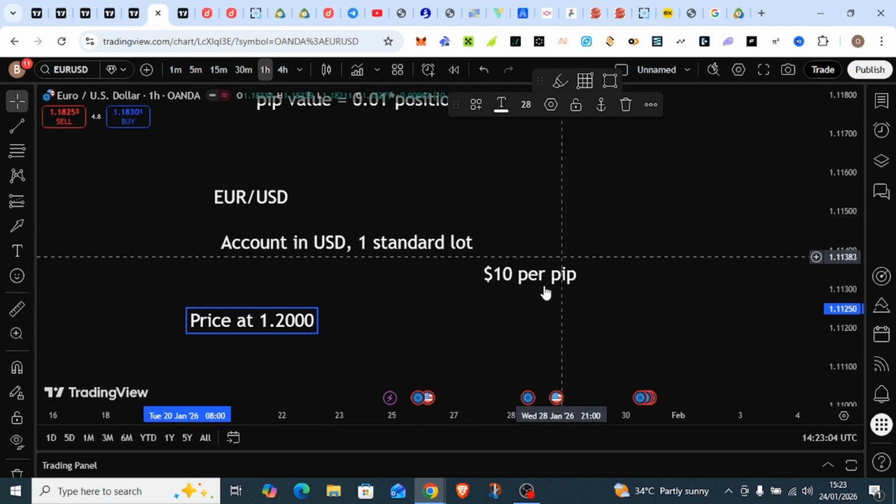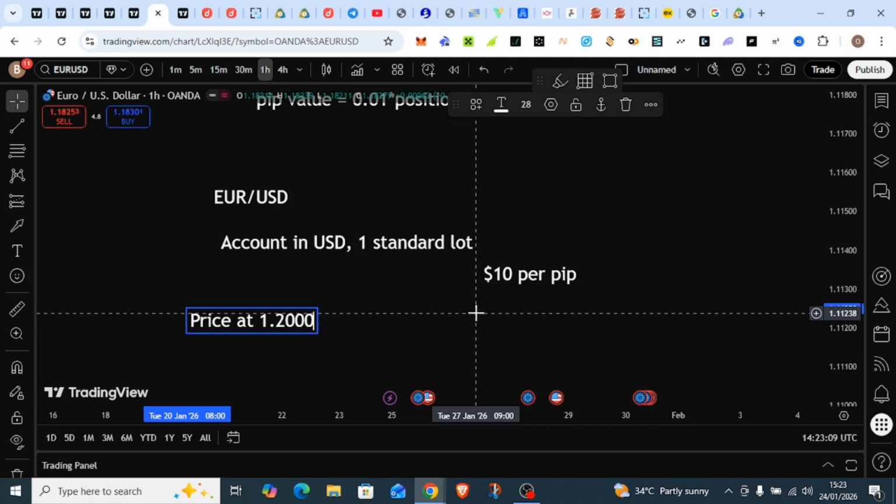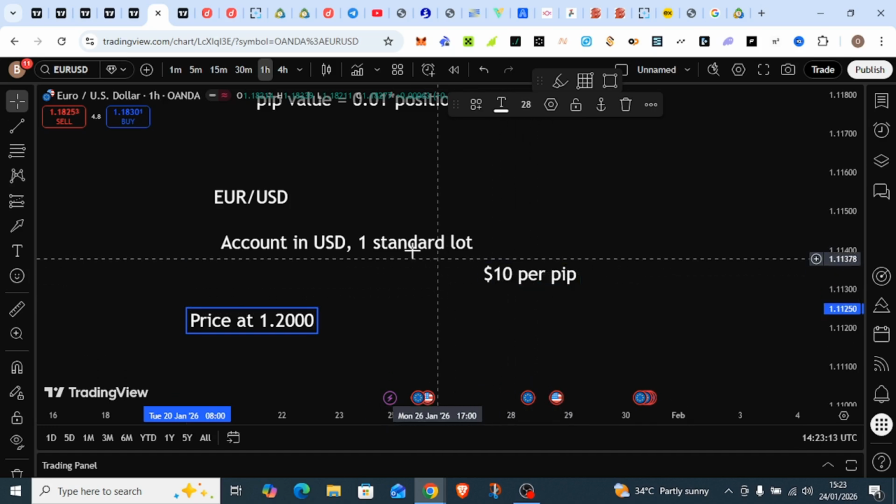What we have is at one standard lot is $10 per pip. This is the first one.